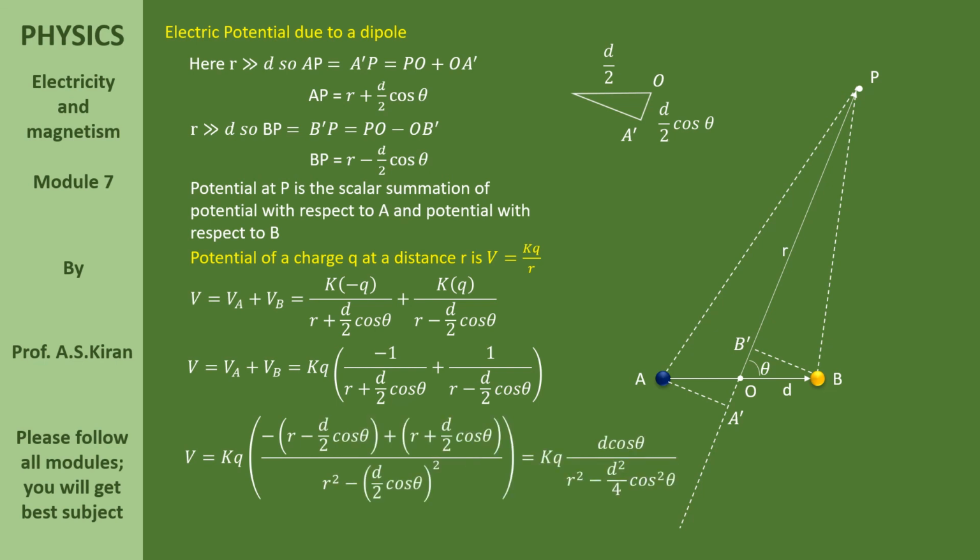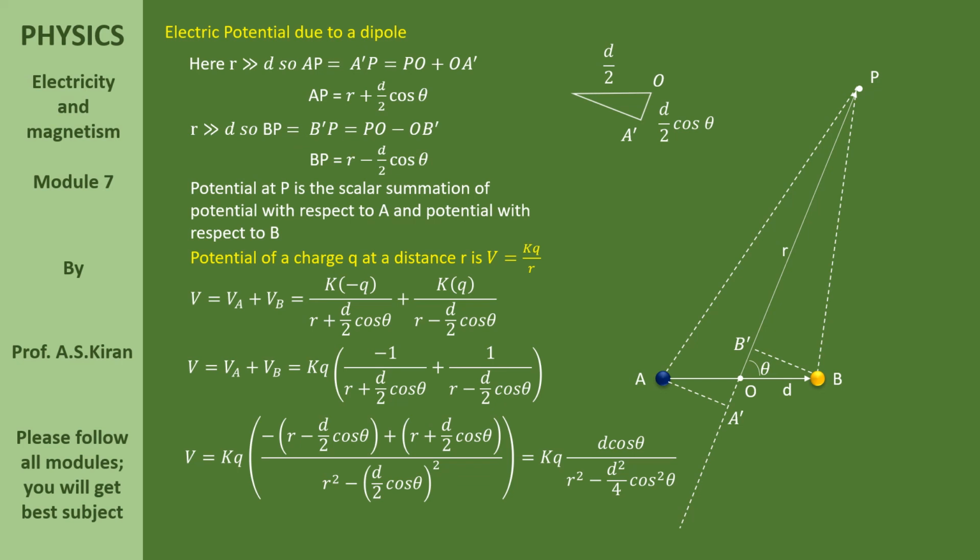So now v is equal to kq. The LCM is r square minus d by 2 cos theta whole square. Of course, it is in the form of a square minus b square. So in the numerator, minus of the second denominator, r minus d by 2 cos theta plus r plus d by 2 cos theta.